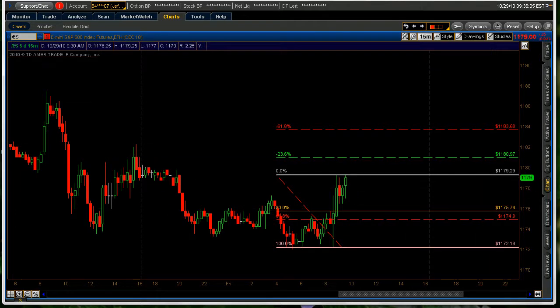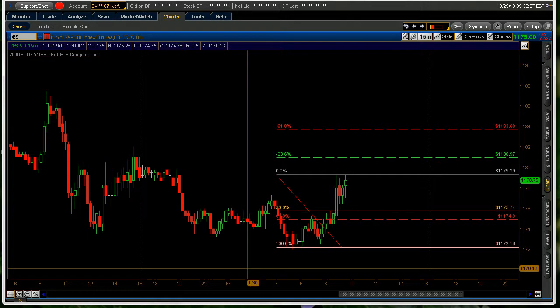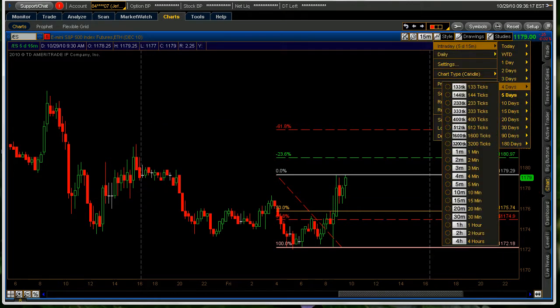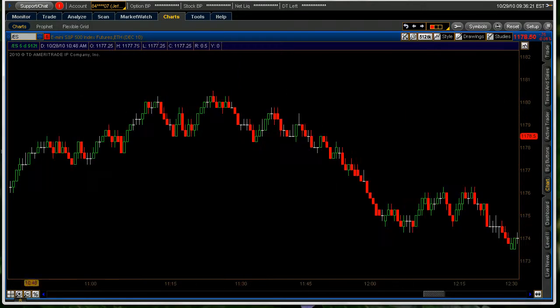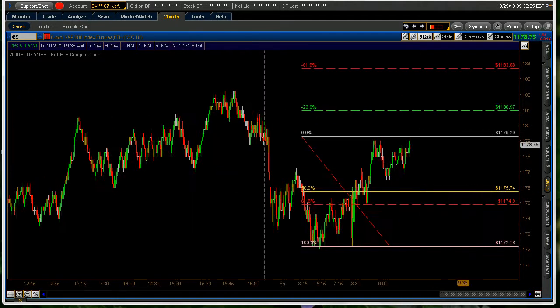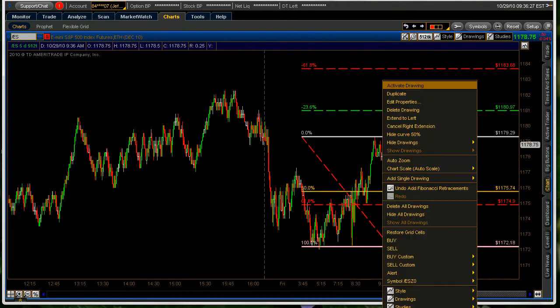So we're just about 2 points off of that level right now, and we are seeing strength off the open. So let's take a look at a 512 tick chart, because this is what I use to trade on an intraday basis and what I use to look for entries.